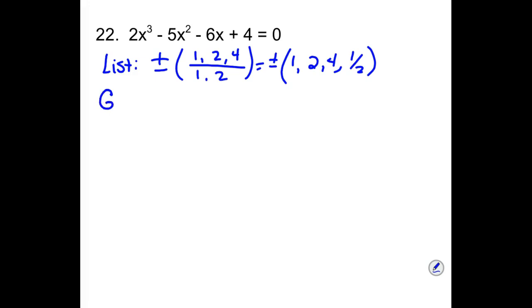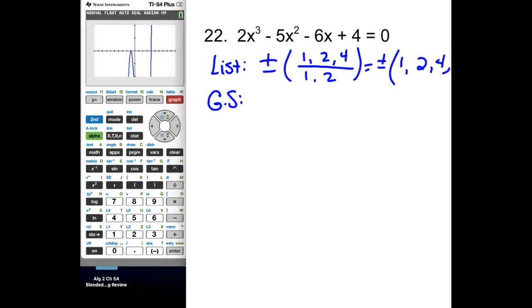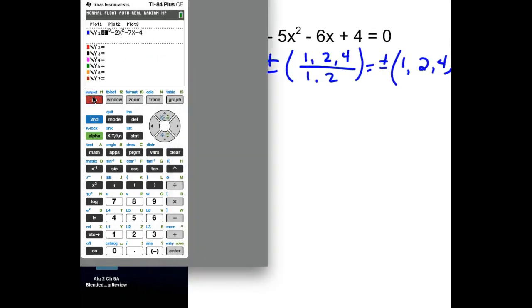Now we're going to go to the graph and see what it looks like. We had 2x cubed. I'm going to do a zoom 6 to reset my window because we did change it last time around.